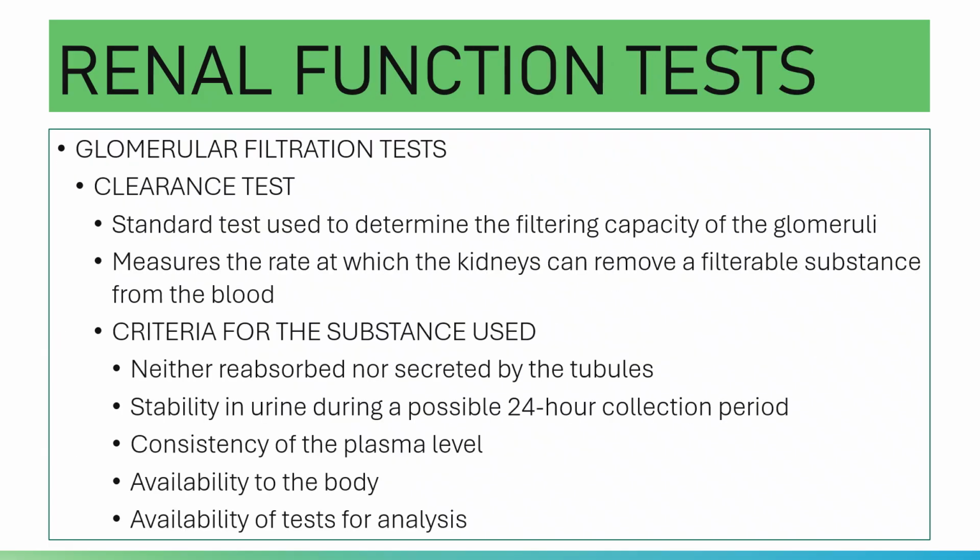Renal function tests include tests that measure the capacity of your glomerulus and your tubules to filter, reabsorb, or secrete substances respectively. So your glomerular filtration tests include your clearance test. Your clearance test is the standard test used to determine the filtering capacity of the glomeruli.